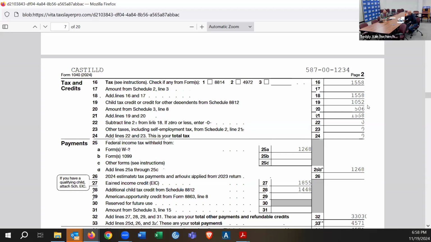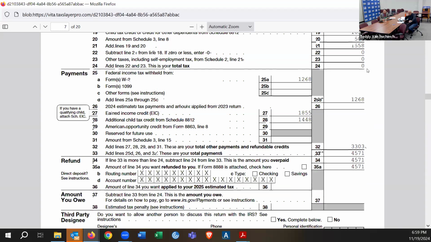Then we are able to take away child tax credit and credit for other dependents, which yields a remaining amount of, and then we take another $506 worth of other credits, which is where that credit for child and dependent care comes in. That's part of that 506. And that completely wipes out her tax. So she owed $0 worth of tax over the course of 2024.